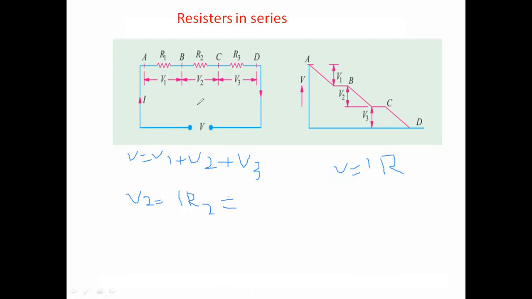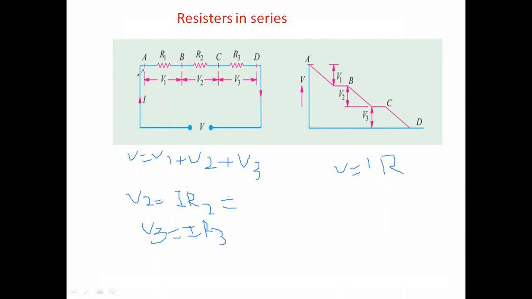Suppose I want to find the voltage drop V3. V3 is I into R3, because the current is the same in a series circuit. Here also I is the same.